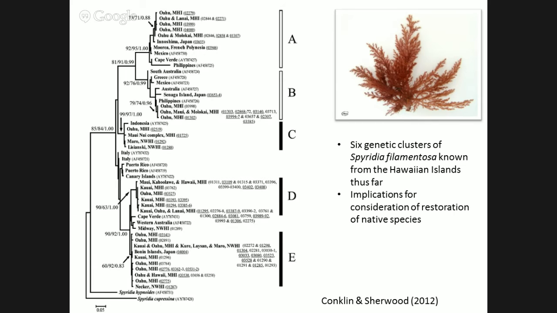So she ran a whole series of DNA sequence analyses based on specimens that she collected around the main Hawaiian Islands. And I won't go through all the patterns here, but just note that we're seeing something similar here to what we've seen in almost every example so far, that it's not just one thing, that here in Hawaii alone we have 6 different genetic clusters of this species. And they're allied with things that you find in lots of different parts around the world.